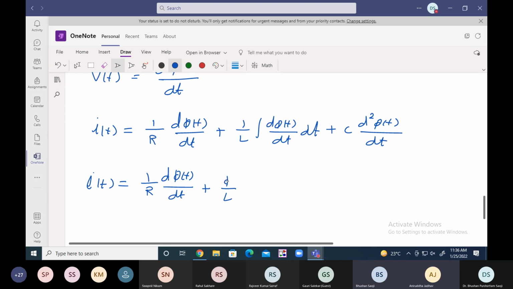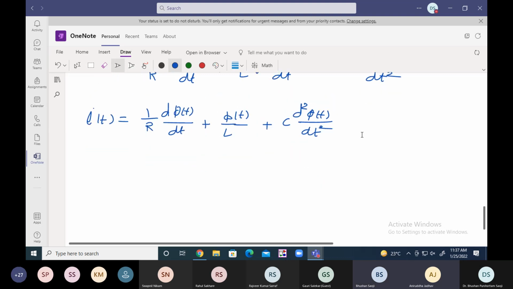So this becomes phi of t, plus this becomes C into d square phi t by dt. Here is the square, because it is d square by dt square.